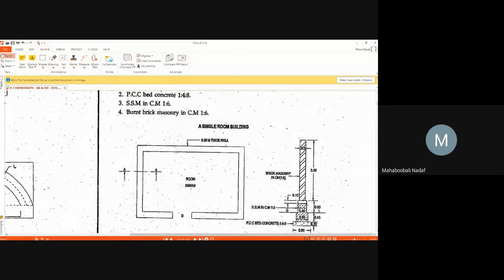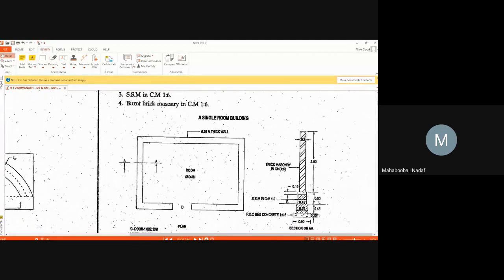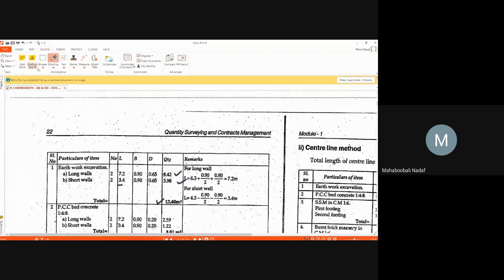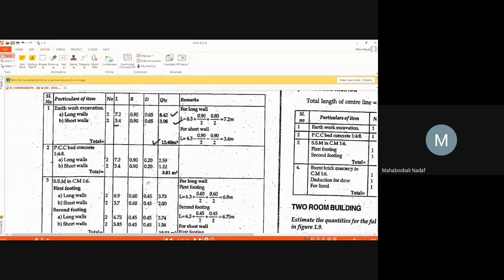what is that? 0.2. From the cross section, if you see, the depth is how much? 0.2. So the quantity is obtained by multiplying 2 into 7.2 into 0.9 into 0.2.